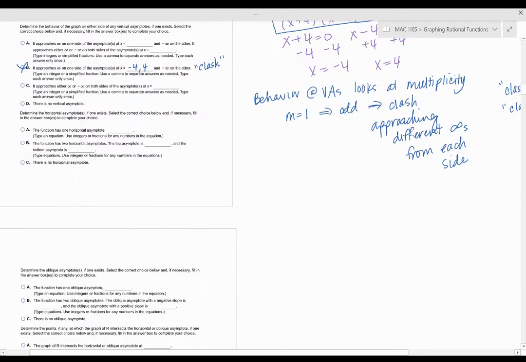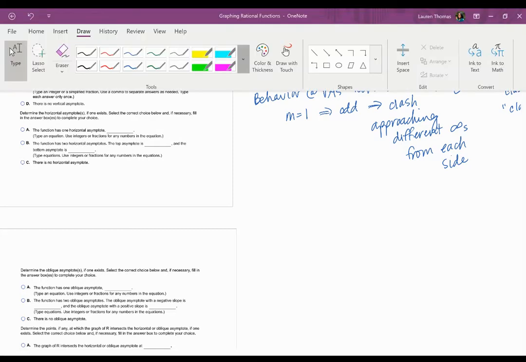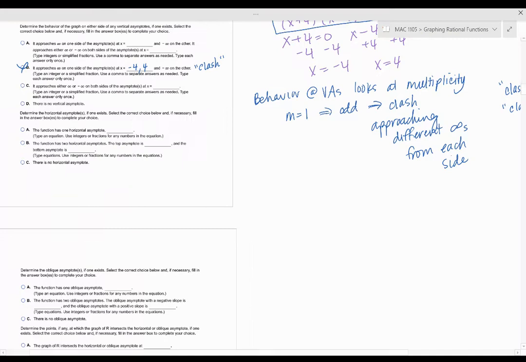The next one says determine the horizontal asymptote if one exists. Select the correct choice below, and if necessary, fill in the answer boxes. All right, let's change our color again. If we're looking for horizontal asymptotes, I abbreviate them HAs.